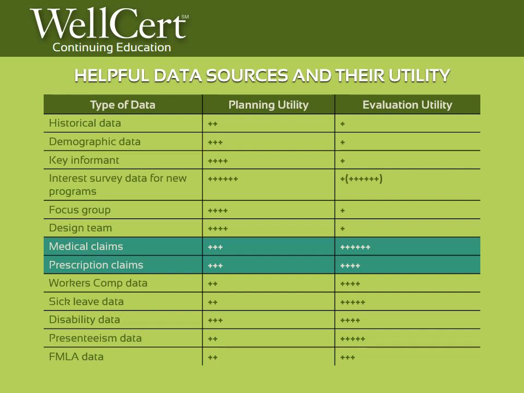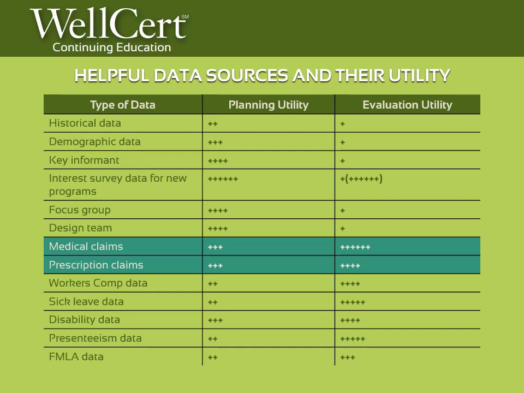Now, when we look at the two areas that we're really focused on in this particular module, we're looking more deeply at medical claims data, and you can see that there's more utility on the evaluation side than the planning side. In addition, in the prescription claims area, the prescription drug area, the same kind of relationship occurs. So we have more utility coming from evaluation versus planning.